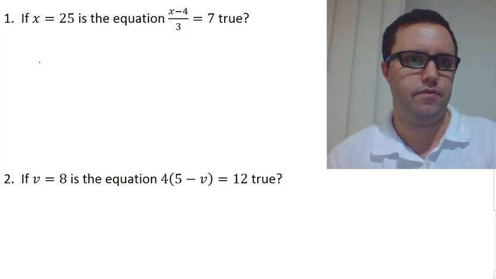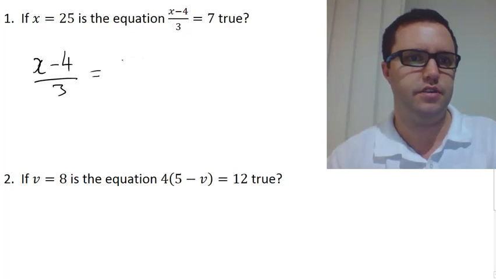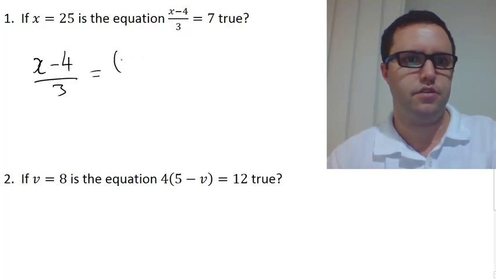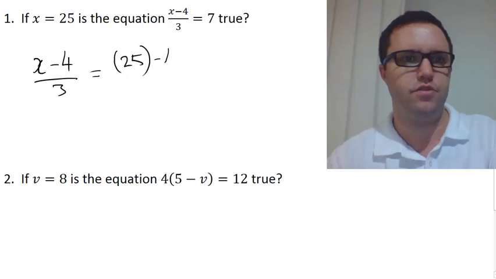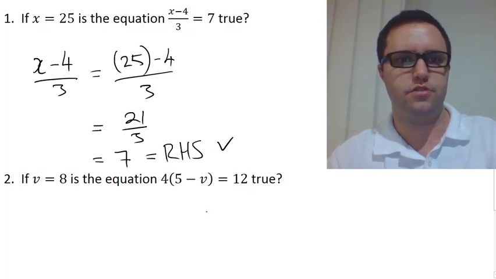So x minus 4 over 3 equals, we're going to substitute our x is 25, so 25 minus 4 over 3, 25 minus 4 is 21, over 3 is equal to 7, which is equal to the right-hand side, which is great.